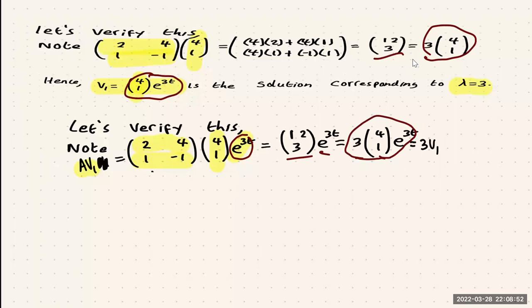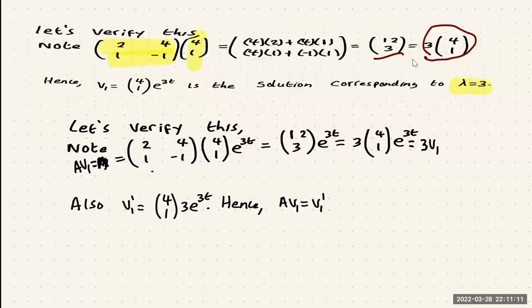Now let's look at the derivative of v1. So v1's up here. Taking the derivative of my e to the 3t, you take the derivative of 3t, which is 3, so it'll be (4, 1) 3 e to the 3t.